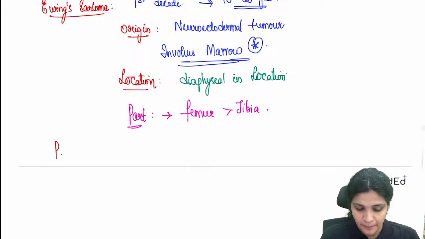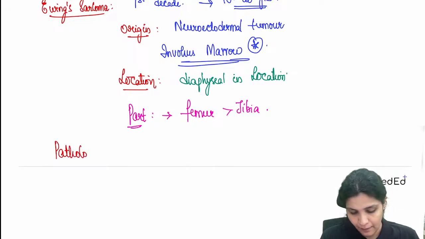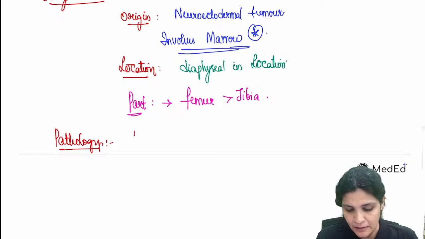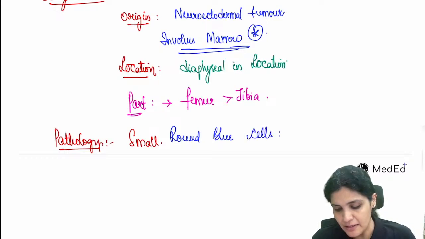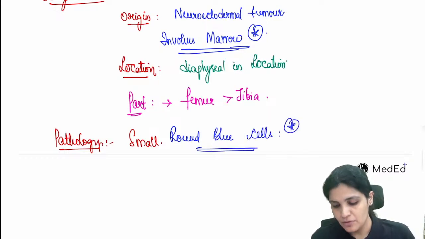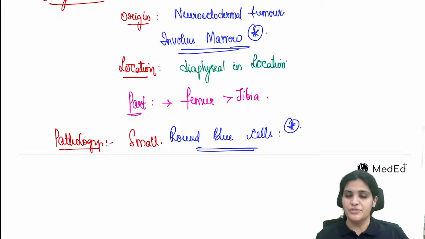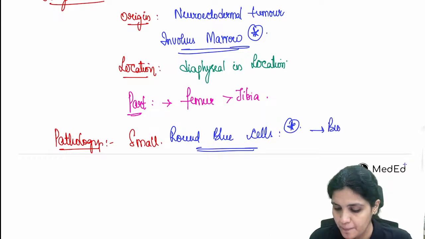Then pathology. This presents as small round blue cells. It is completely small round blue cells, an entire sheet of blue cells which you see on biopsy.